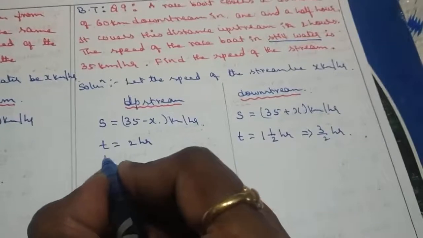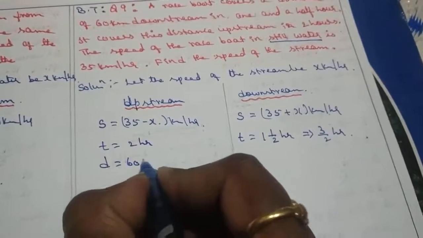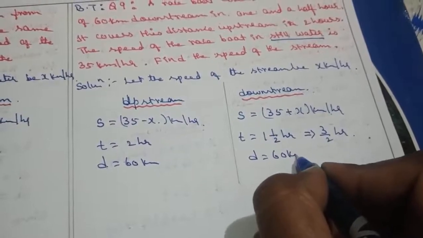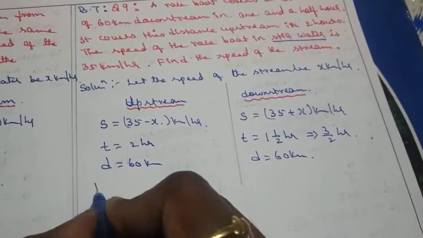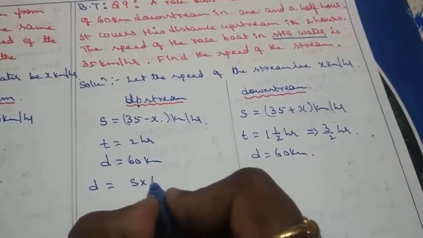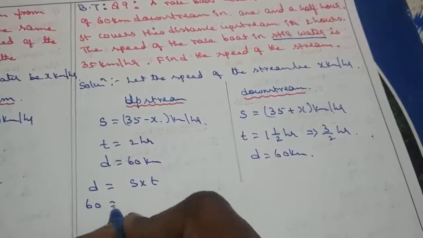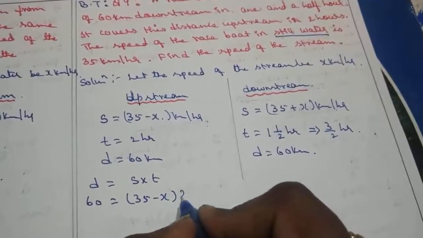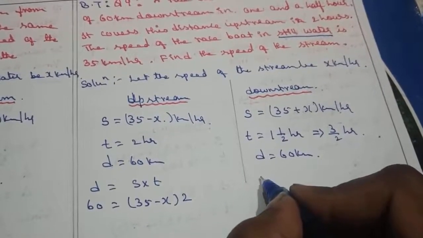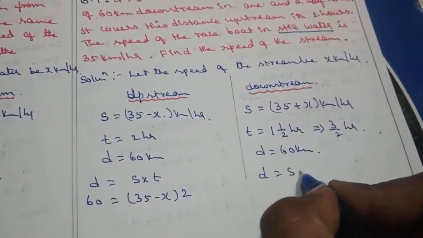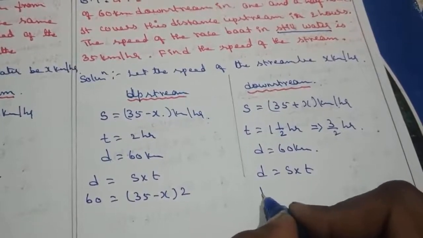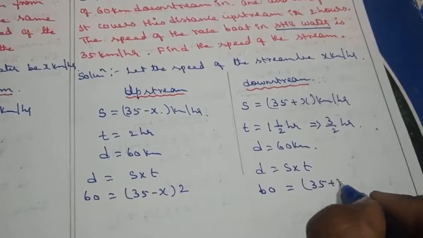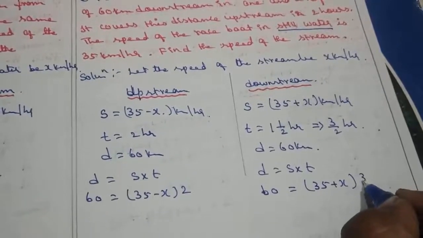Then distance given 60 km, and here also the distance is given 60 km. So we know that distance equal to speed into time. So 60 equal to speed is 35 minus x into time is 2, and here distance equal to speed into time, distance same 60 km equal to speed is 35 plus x, and the time is 3/2.